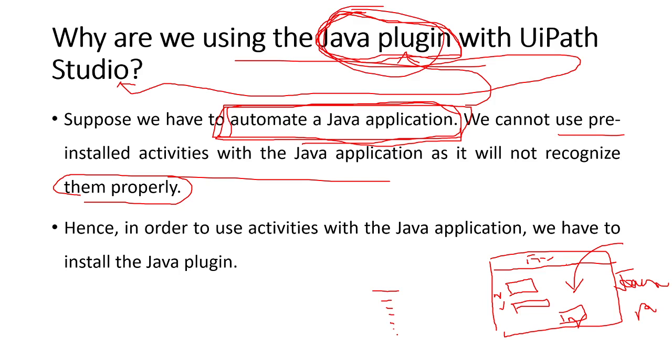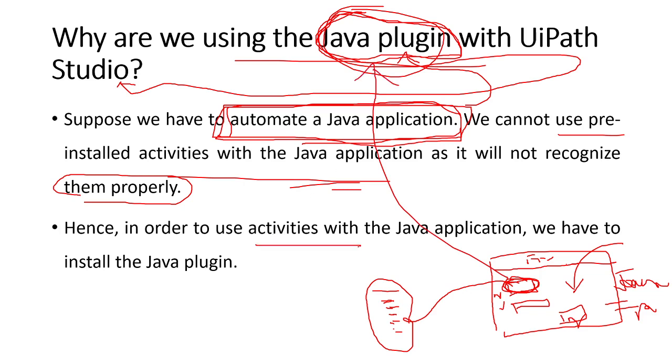We already learned element exists, element scope, click activity. These are all examples of already built-in activities. These activities can't recognize the UI elements present in the Java application, it seems. That's what the author is telling. So if you want to recognize the UI elements in the Java application, then you have to go for a Java plugin.